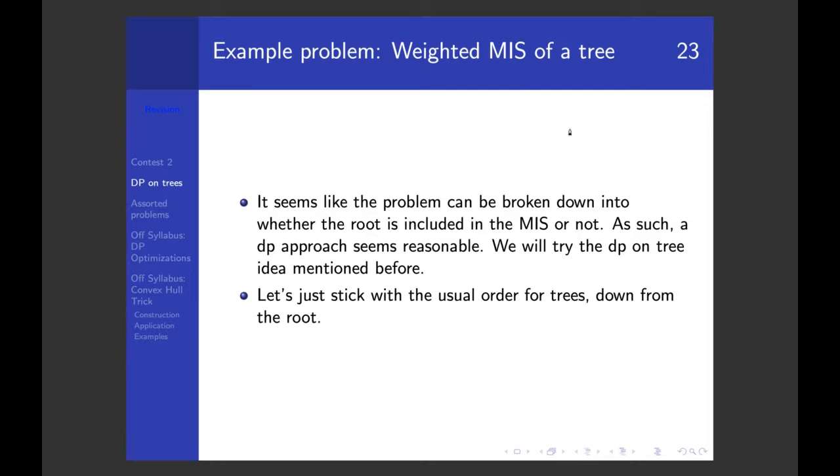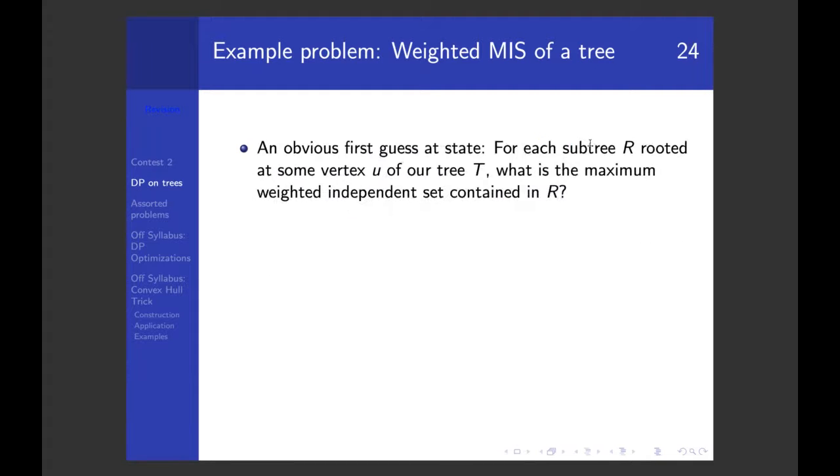If we root trees arbitrarily and think about subtrees like we would on a rooted tree, even though the tree we're given is not rooted, we're going to root it arbitrarily because it will make our life easier.